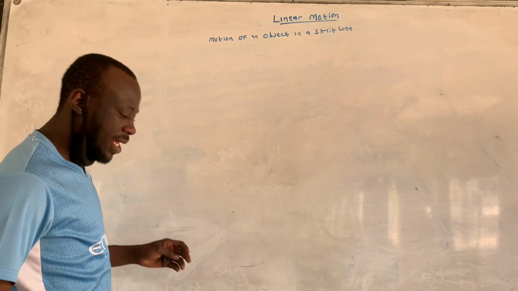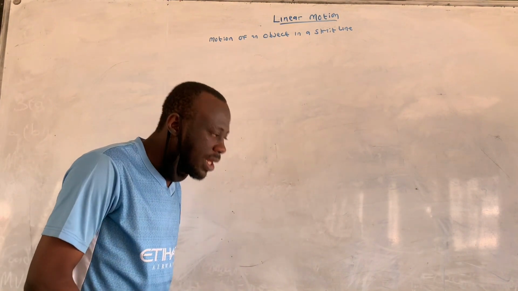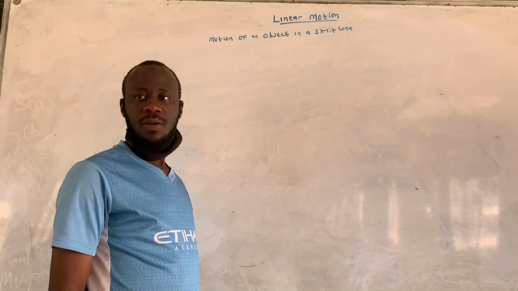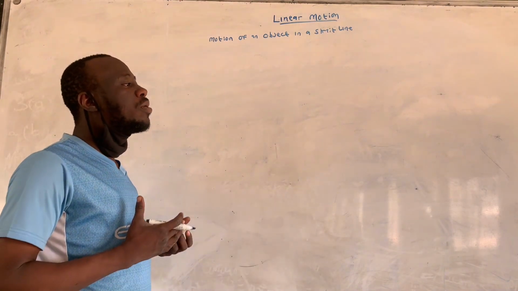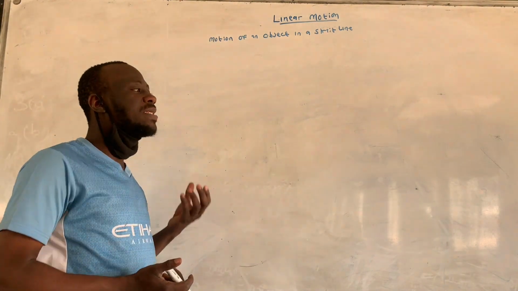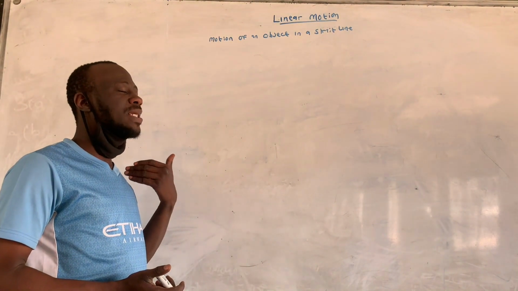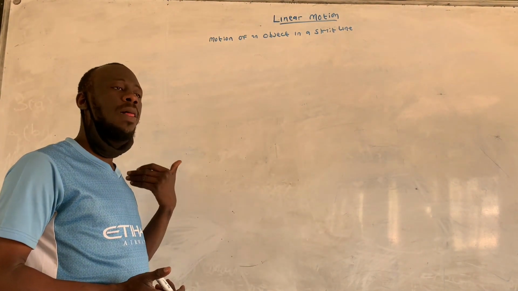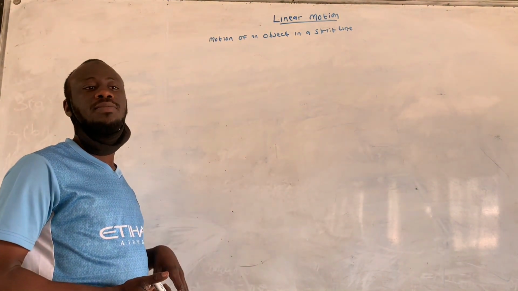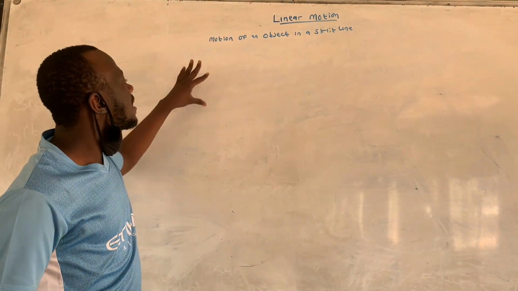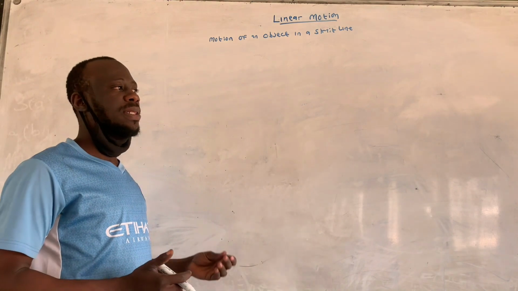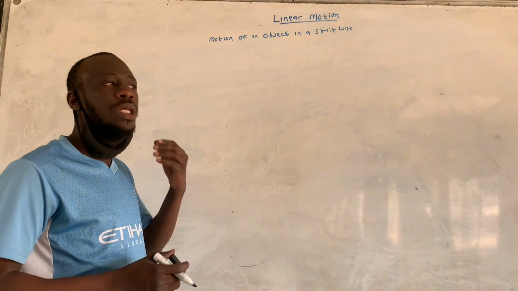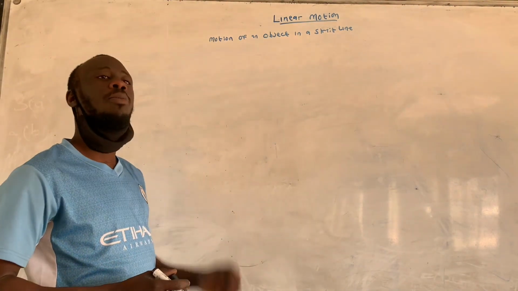So that is to say, along the x-axis. Since physics is an experimental science that deals with measurement, there are some physical quantities that are used to describe linear motion.